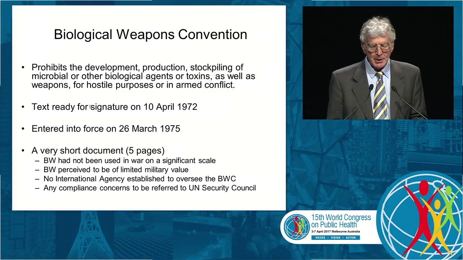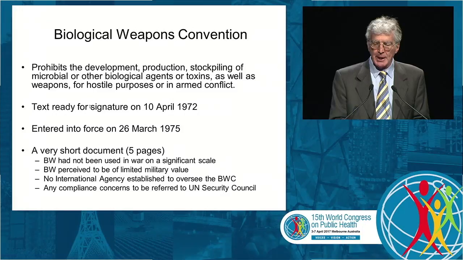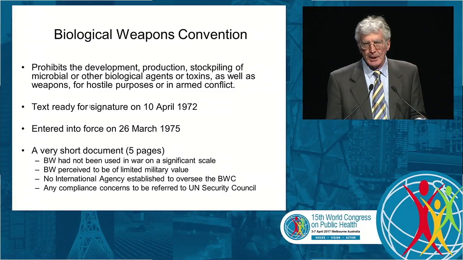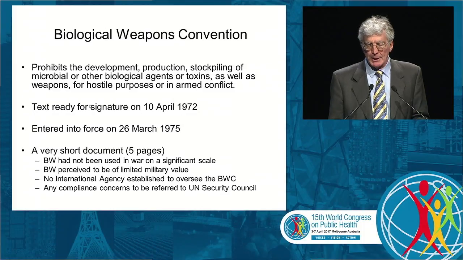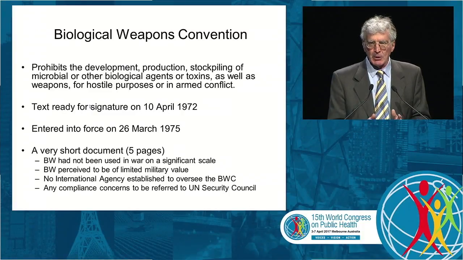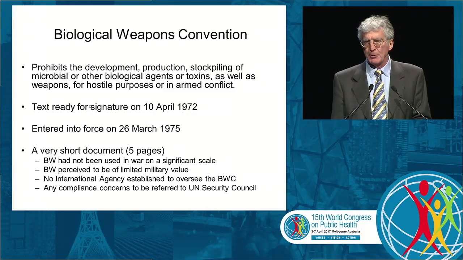And any compliance concern with the BWC was to be referred to the UN Security Council. And of course, as we know, the P5 members of the Security Council have a veto right. So this means that the US or Soviet Union, now Russia, France, UK or China, if they chose to pursue a BW program, if there were complaints against such a program, they could veto that issue being considered by the Security Council.